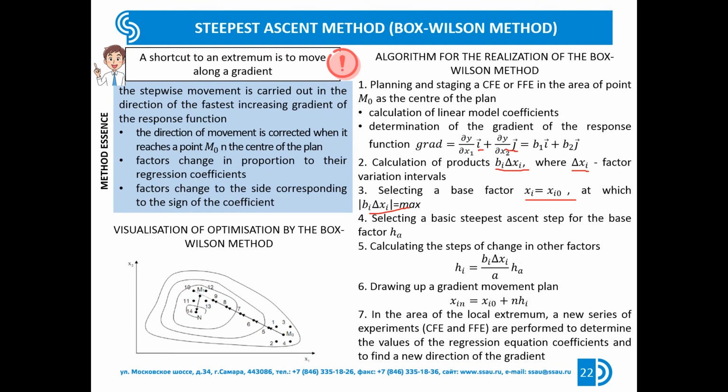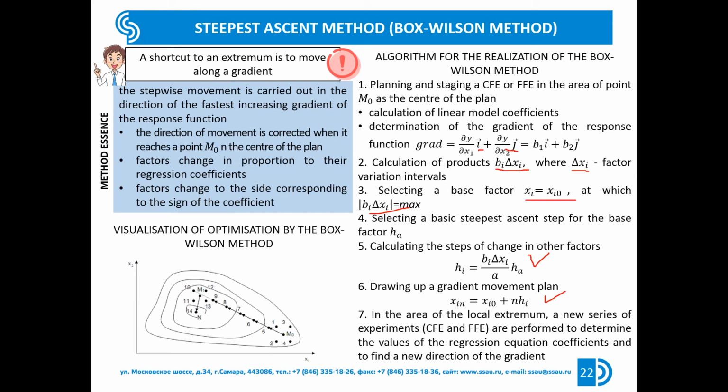The choice of the base step is based on available primary information or on the experience of the researcher. Too small a step would require a significant number of trials in moving towards an optimum, while a large step creates a risk of overshooting the optimum region. Fifth, calculating the step changes of the other factors using the expression. Sixth, drawing up a gradient movement plan.